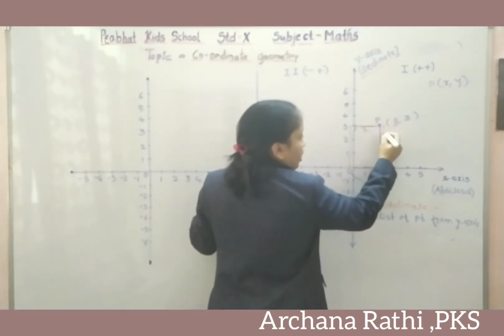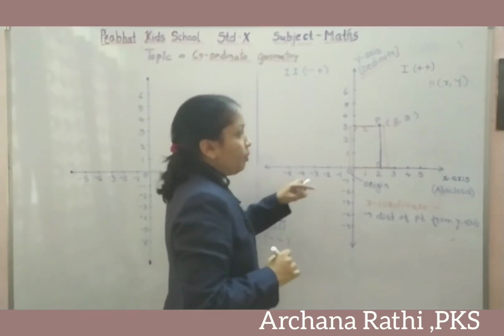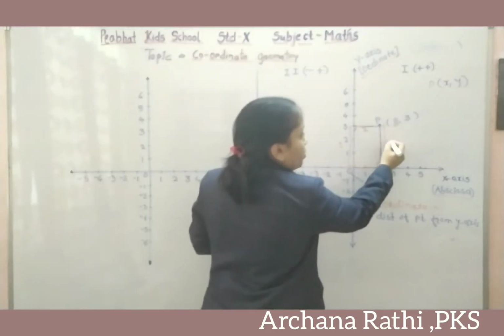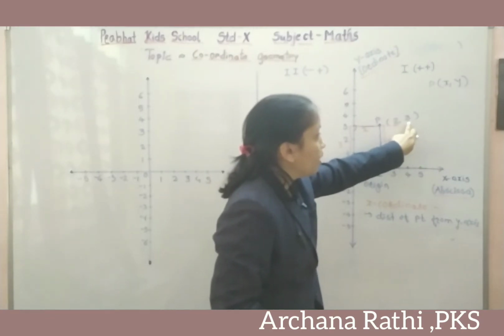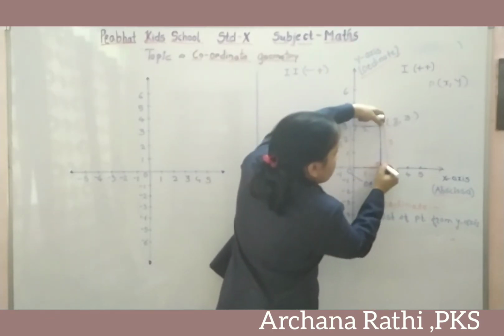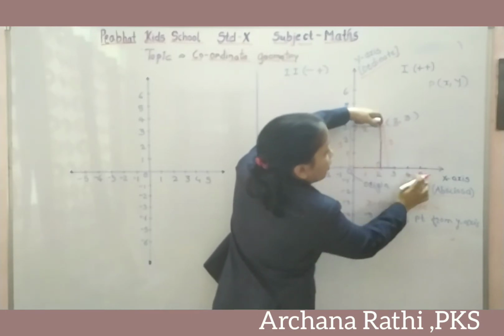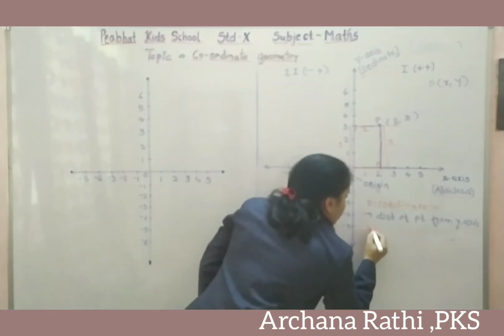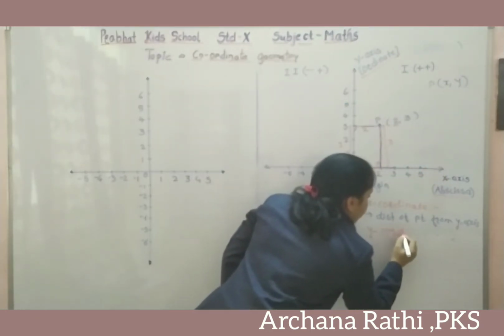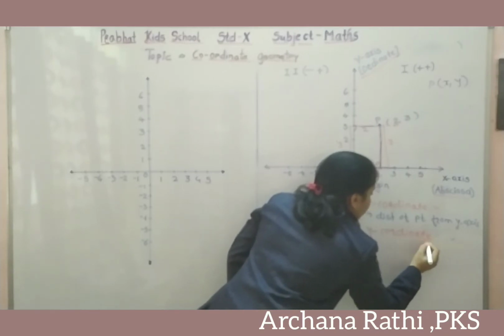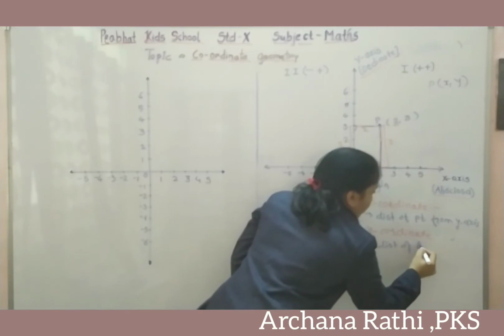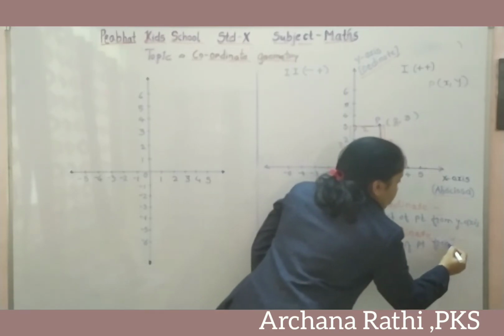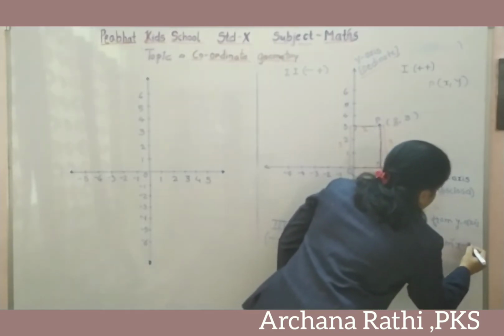Okay. Now, observe this distance. These are equal distances. Now, this is 3, so this will be 3. Now, if you observe, the y coordinate is nothing but this perpendicular distance from the x-axis. Means what is the y coordinate? The y coordinate is the distance of the point from the x-axis.